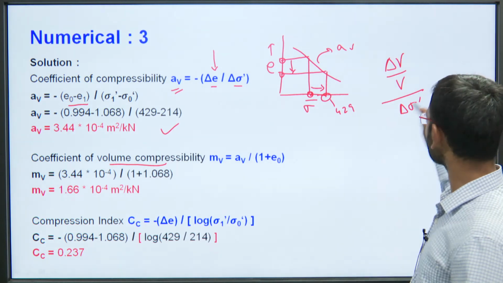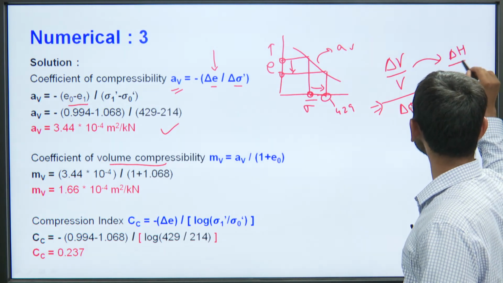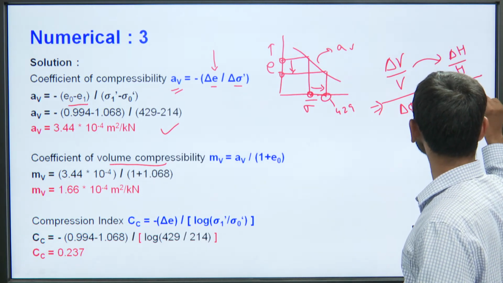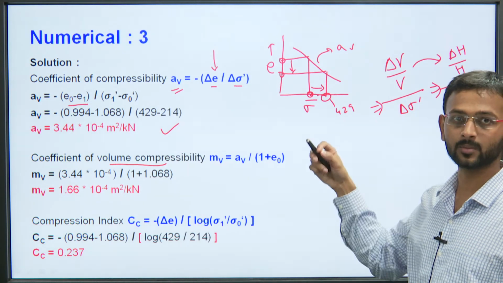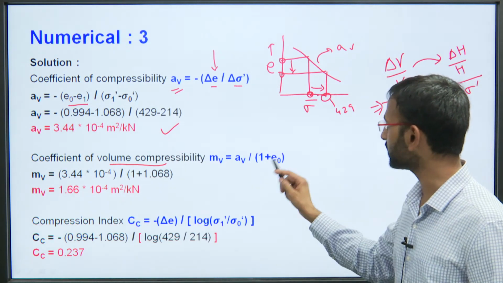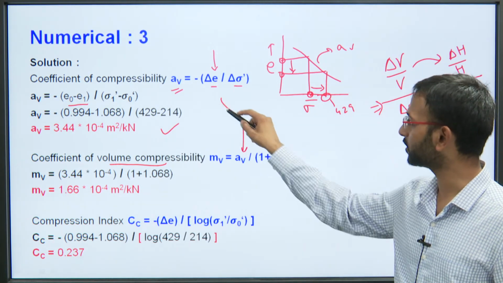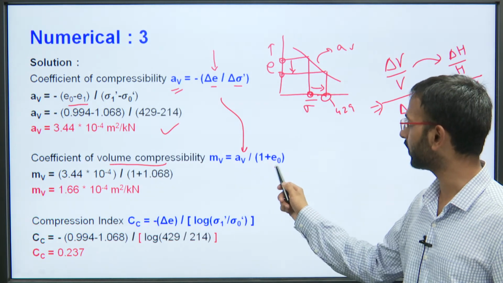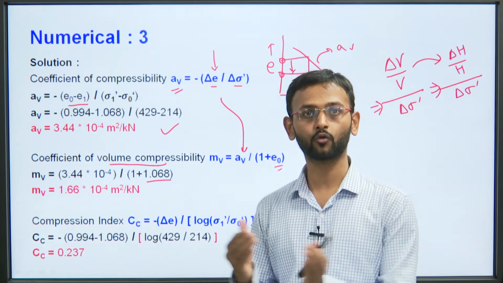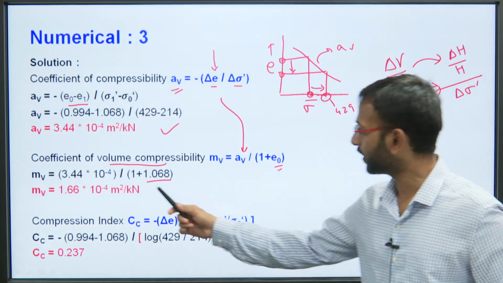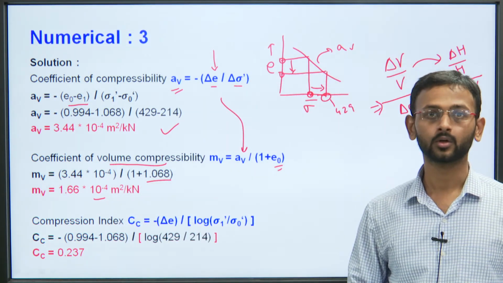You can also represent it as delta H by H over delta sigma dash, which can be simplified as a v by 1 plus e naught. a v you have found out already, so you can simply put the values here. The initial void ratio was 1.068. So, the coefficient of volume compressibility comes out to be 1.66 into 10 to the power of minus 4 meter square per kilonewton.